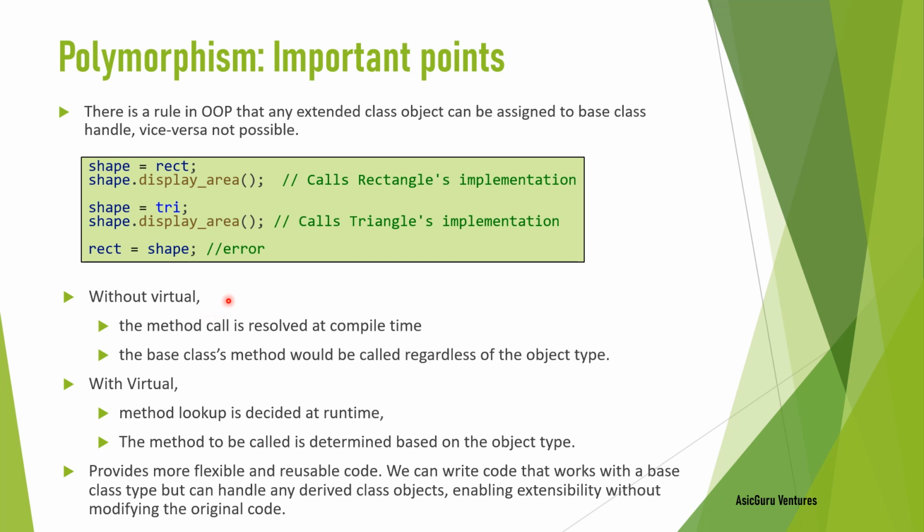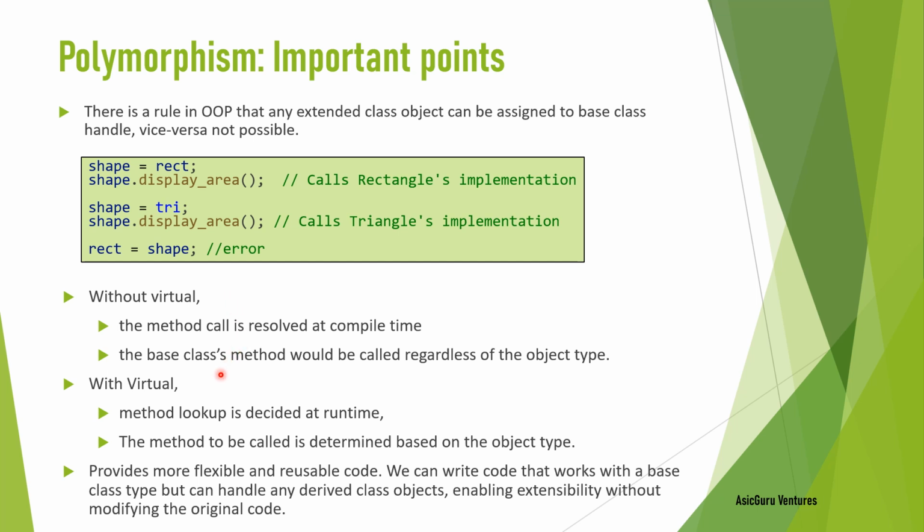Now let's talk about the role of virtual. If we do not make our function virtual, then the method to be called is resolved at compile time. It means the base class method would always be used irrespective of which object we have assigned to the base class handle.